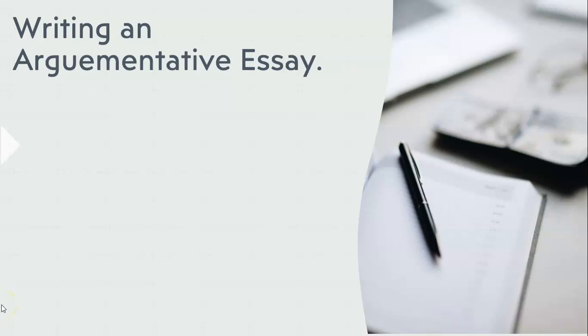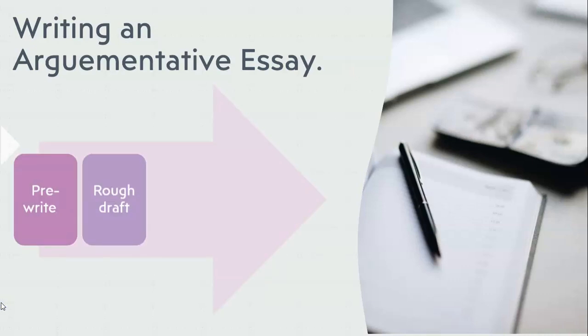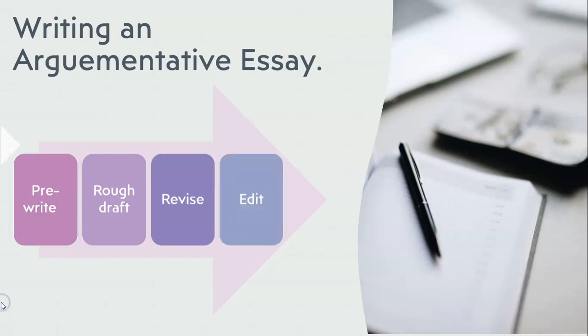Okay, it is a writing process, so we're going to use the same steps that we use in any writing process. We're going to start with pre-write, move on to writing a rough draft, revise that rough draft, edit that rough draft, and then finally take all those changes and publish a final mistake-free copy.